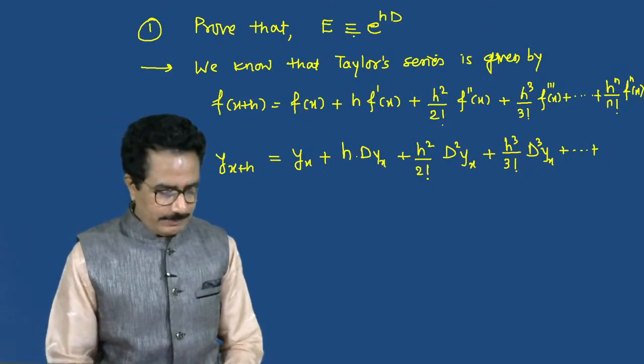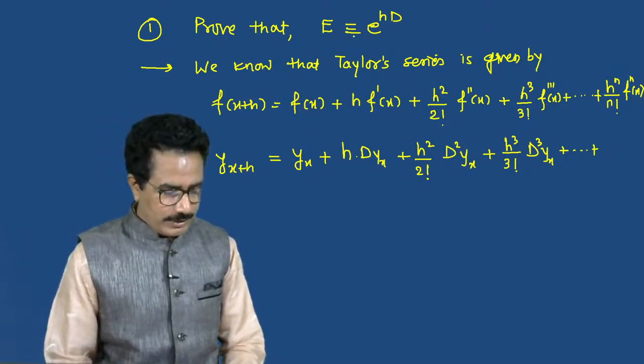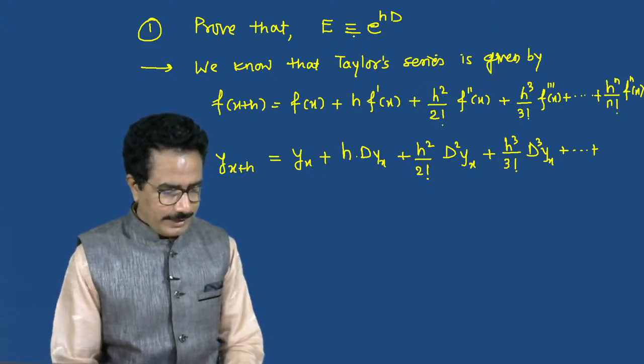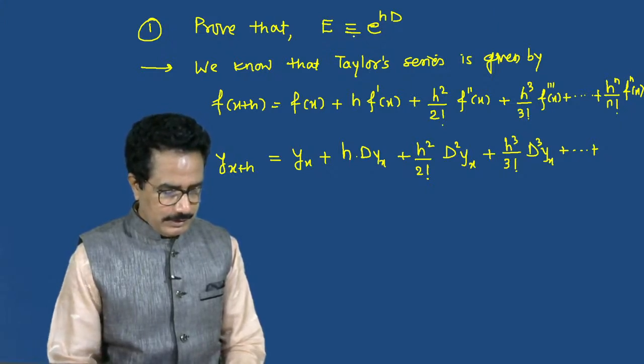You know the relation between E and delta, you know the expansion of e raised to x. Do you know the expansion? What is it? See this, you can write the expansion.